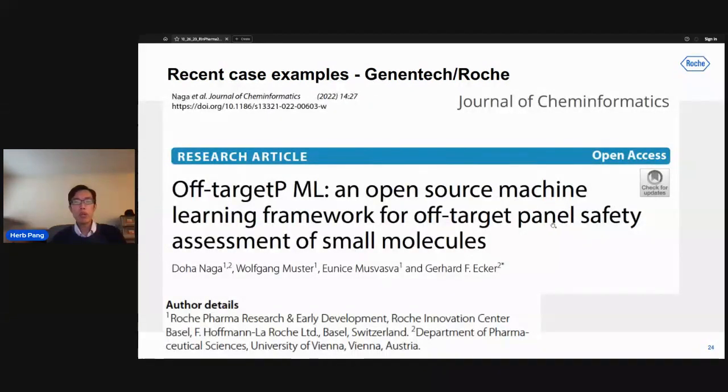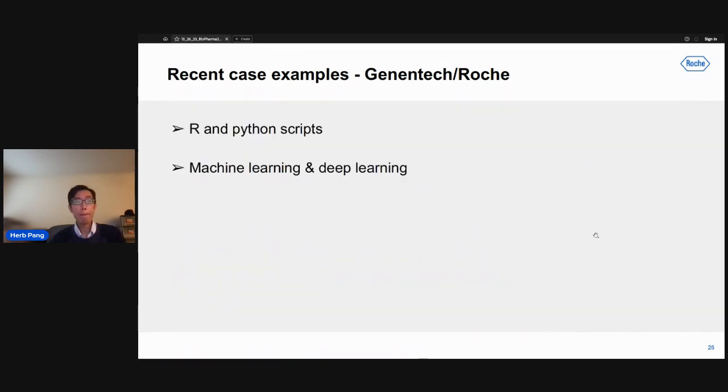Another example is a work published in the Journal of Cheminformatics, called Off-Target PML, an open source machine learning framework for off-target panel safety assessment of small molecules. This work involved both R and Python scripts.